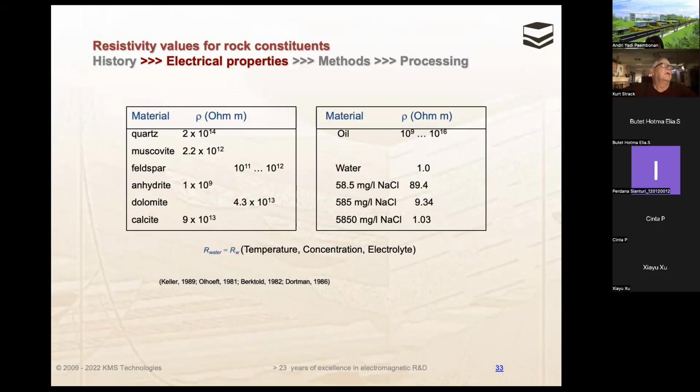So now let's look at some rock materials. We have on the left side quartz, which is very resistive, 10 to the 14th, and most rock minerals are very resistive. So that already tells us that the fluids are actually what make a rock conductive.